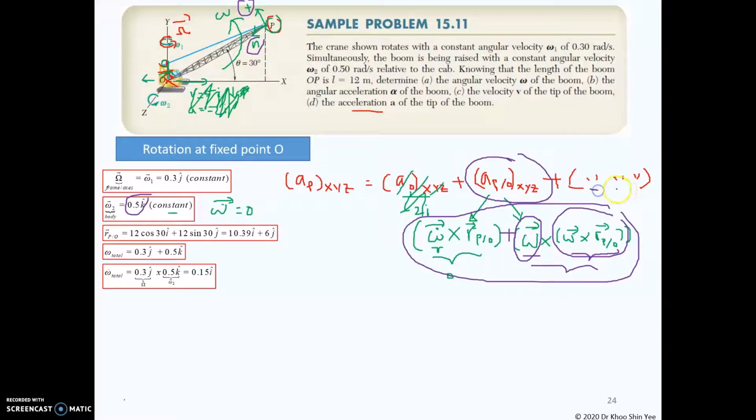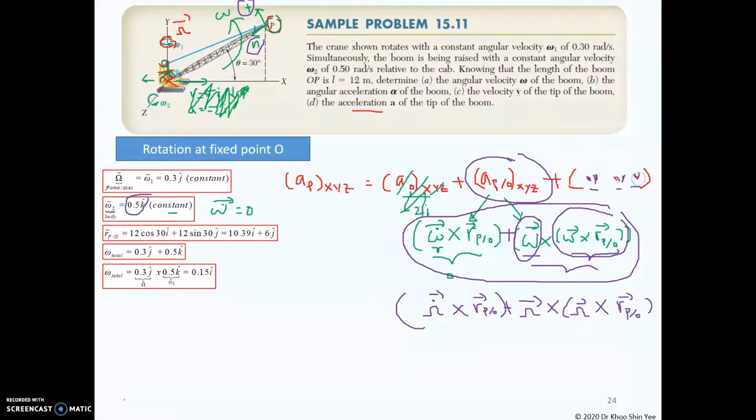You have three additional acceleration components due to the rotating frame effect. The first two formulas here are similar to these two formulas, where you change omega dot into Ω dot and omega into Ω. So you should obtain these two acceleration components: one is the tangential acceleration, another one is the normal acceleration.